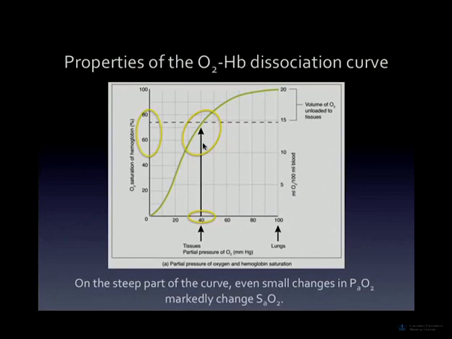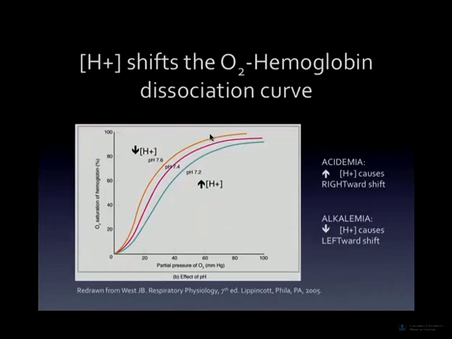So dropping PaO2 from 80 down to 50, which is a 30-point drop here, drops your oxygen saturation from 85 down to about 45%. So the changes are much more profound when you're in the tissues or near the tissues and on that steeper part of the curve. It becomes much easier to unload oxygen in that situation.